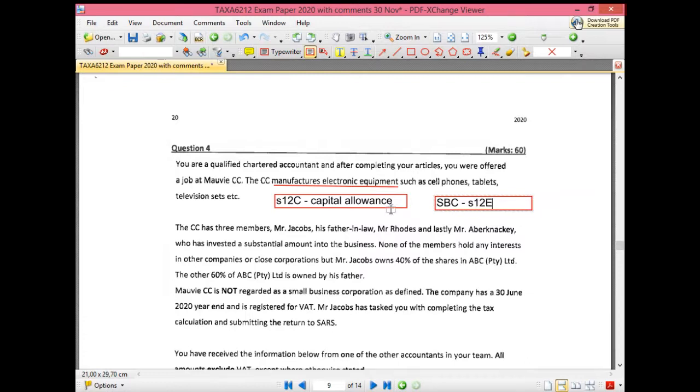Now, section 12C says if it is new, I apply 40% in year 1 and then 20% for the next 3 years. If it is used, we will apply 20% for 5 years. So that's what section 12C tells me.